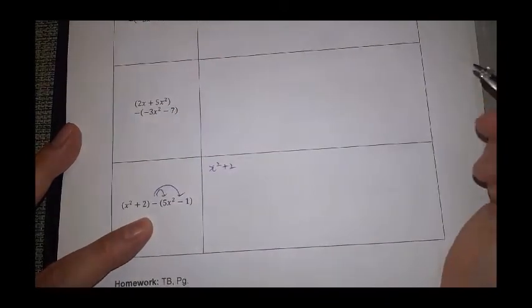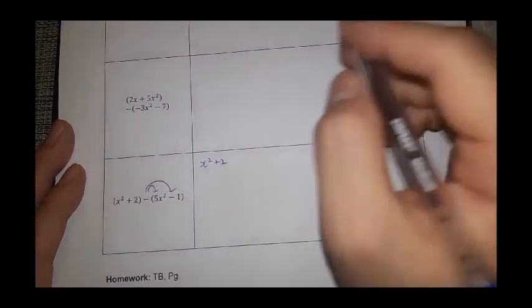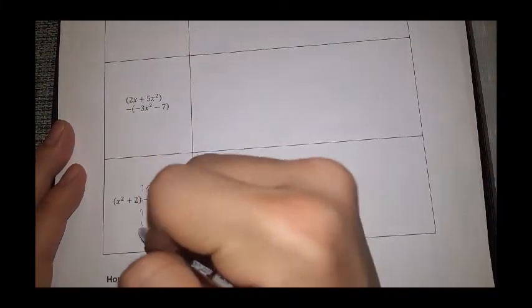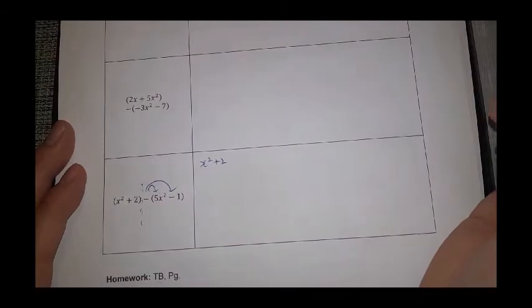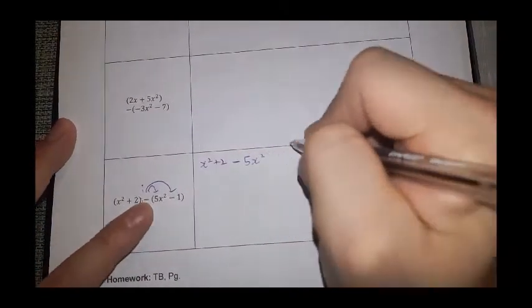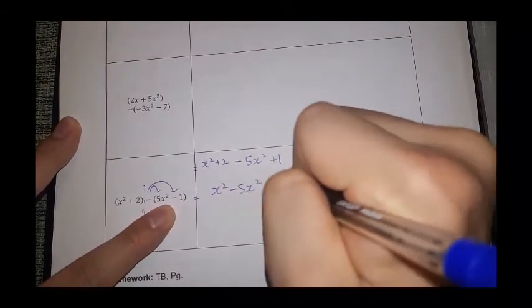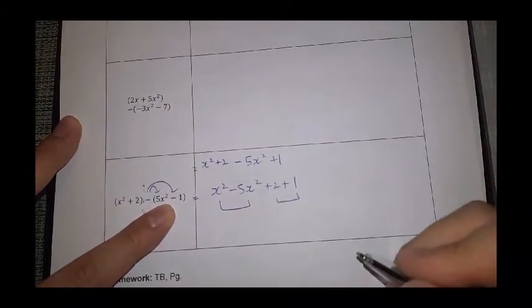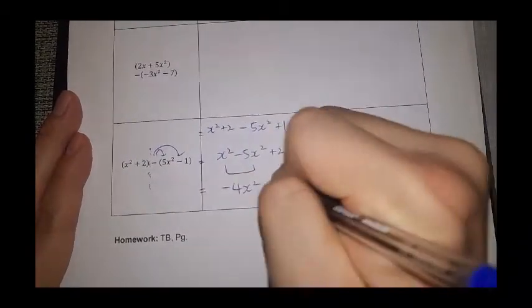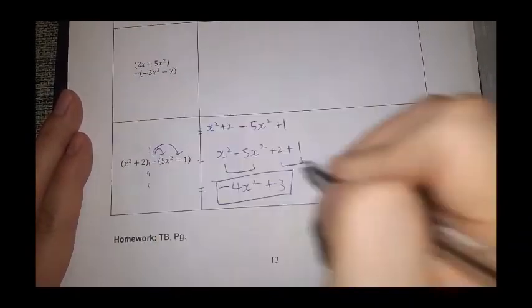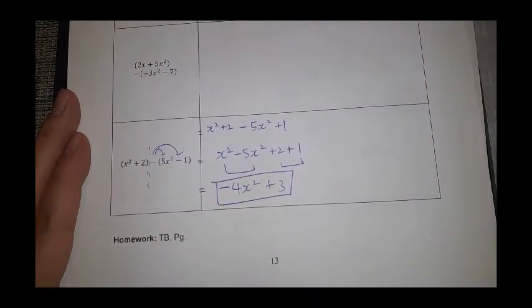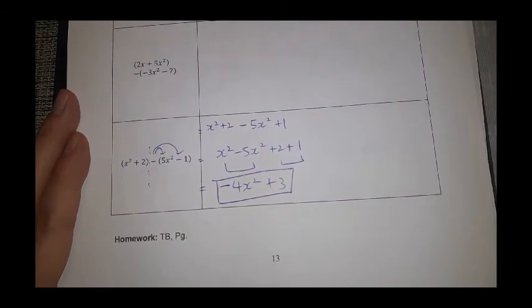Start with the first left expression that is not affected by the subtraction sign, followed by minus positive, minus 5x squared, minus minus, plus 1. Rearrange, x squared minus 5x squared plus 2 plus 1. Deal with the like terms together. Negative 4x squared plus 3. That's how you do everything, ladies and gentlemen.